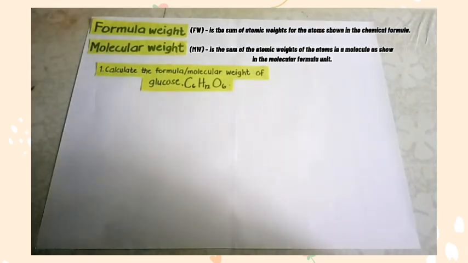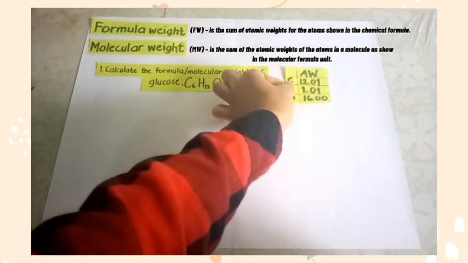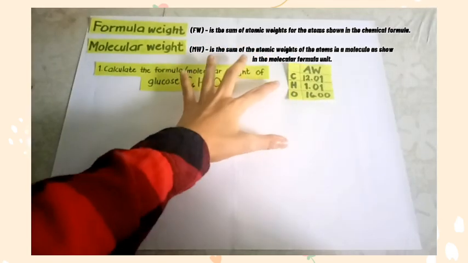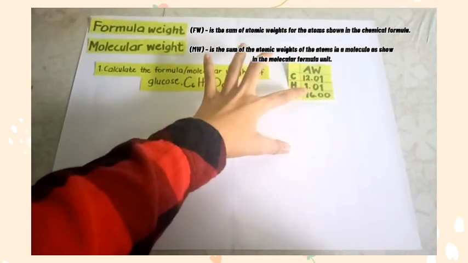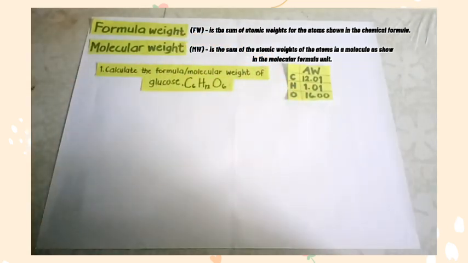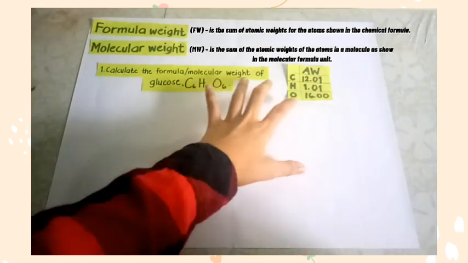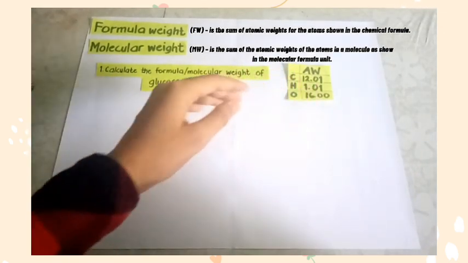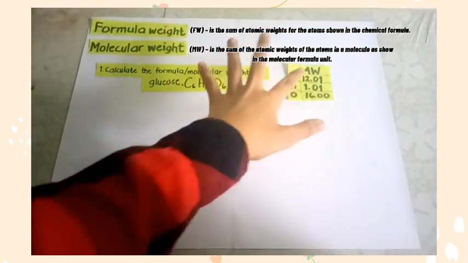The atomic weight of carbon is 12.01 and the atomic weight of hydrogen is 1.01. And for the oxygen, it has 15.999 atomic weight, but here I already rounded this to 16 since I am using 2 decimal points.